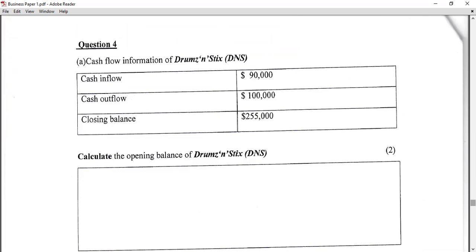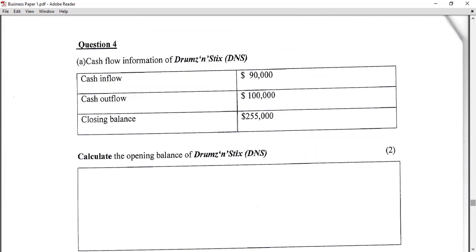You can calculate the cash. The given information is cash inflow $90,000, cash outflow $100,000, and closing balance $255,000. Let me recap the cash flow formula: closing balance equals opening balance plus net cash flow. Net cash flow means inflow minus outflow.